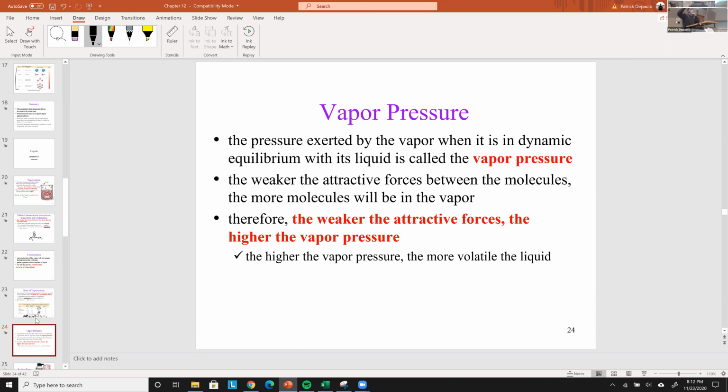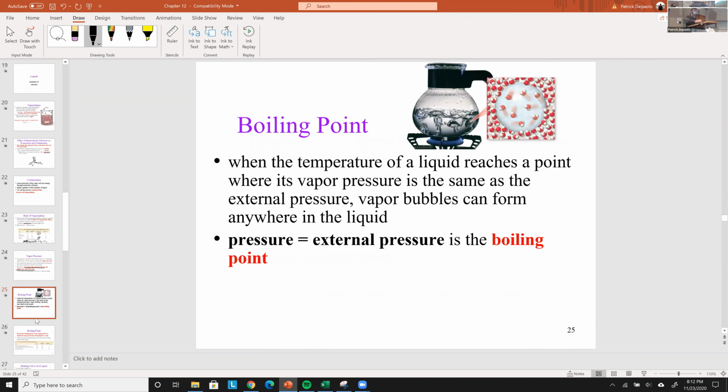So the vapor pressure of acetone is going to be larger than something like water. The weaker the attractive forces, the higher the vapor pressure. In the homework for chapter 12, you'll have to rank molecules based on their vapor pressure, attractive forces, and heat of vaporization, so it's important that you understand these concepts.